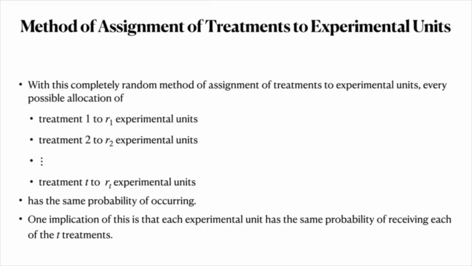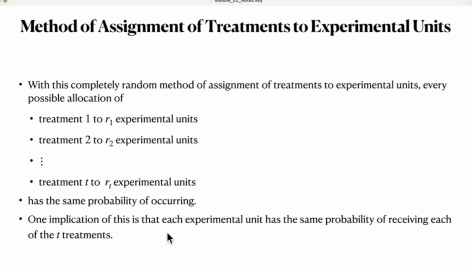And so this characteristic is really the defining feature of what constitutes a completely randomized design. Now, one implication of this defining characteristic is that each experimental unit has the same probability of receiving each of the T treatments. All right.